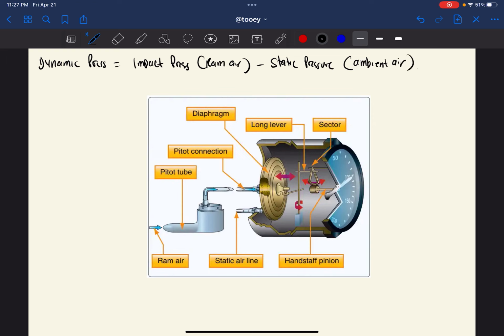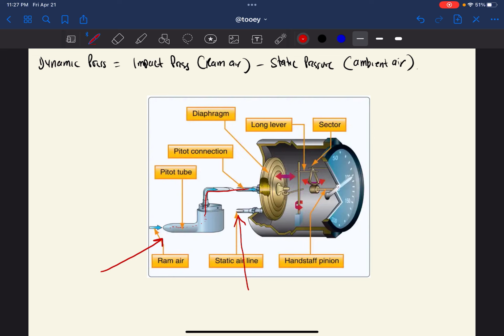Okay, so basically what's going on is the diaphragm in the instrument is receiving that ram air from this pitot tube, and it travels all the way through and enters the diaphragm. Let me backtrack.